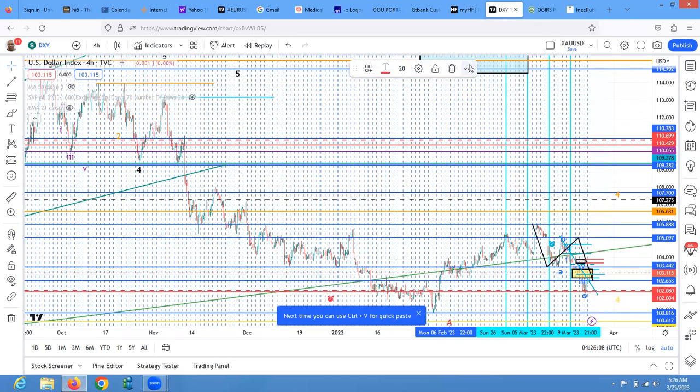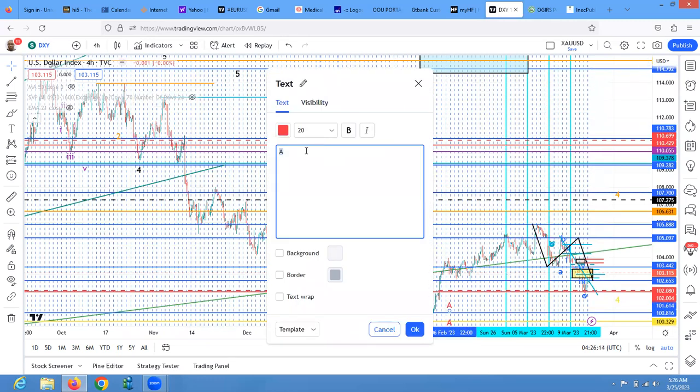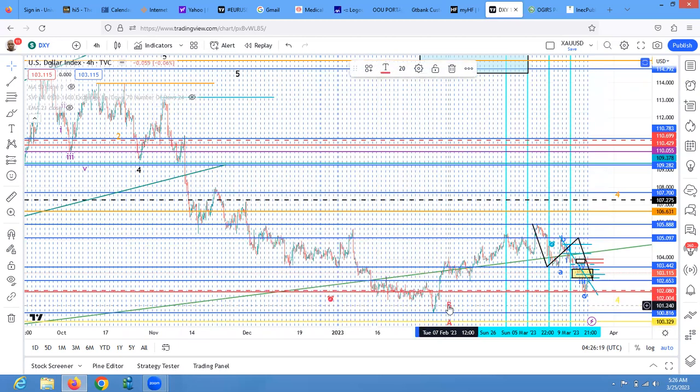And we thought this is going to be a B in the red before we turn down to do a C, just like we saw in the other chart. Now, this is the correction. We thought we'll still do that. This will be an A blue, a B blue, and a C blue before we go down. So we thought that this will be an A blue.